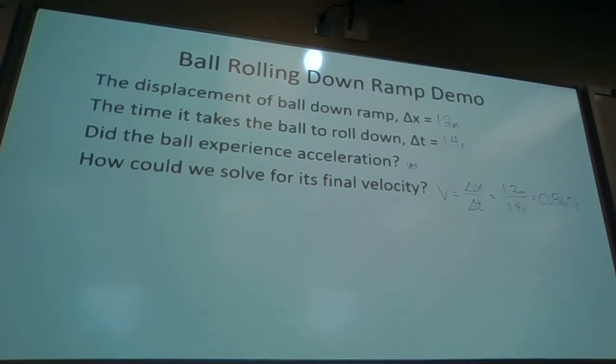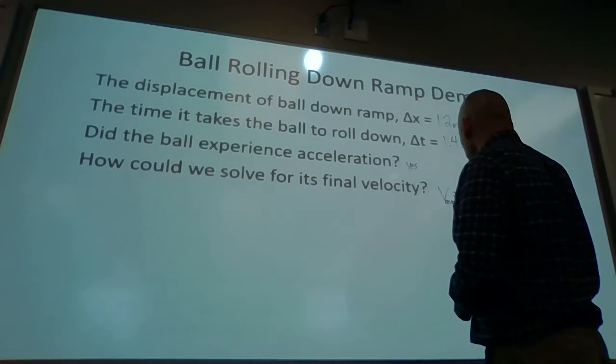Is that valid? Kind of seems like it. You got a displacement, you got a time, divide the two, figure out your velocity, your speed, but technically what is that equation? Your average velocity.